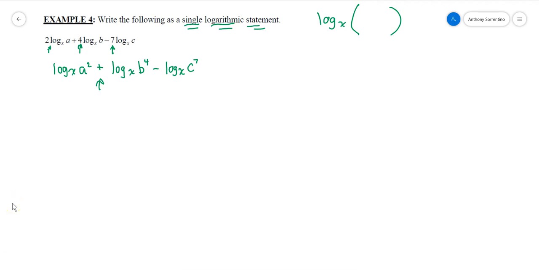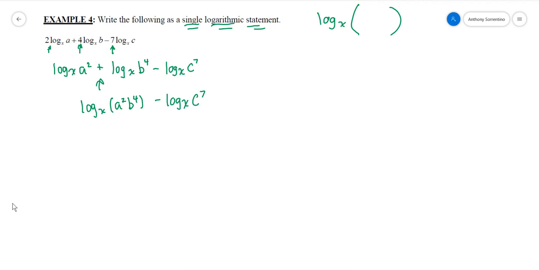According to the product property, if I have the sum of 2 separate logarithms, that equals the logarithm of the same base of the product of the 2 terms. So I went from having 3 logarithmic statements down to 2. And now I still want to get it down to a single logarithmic statement.